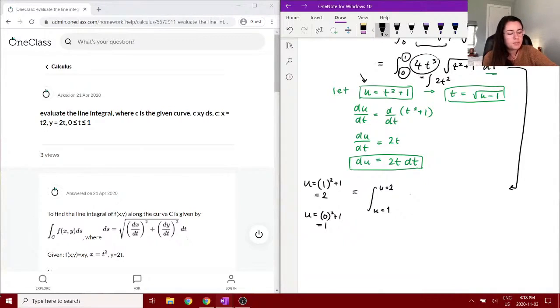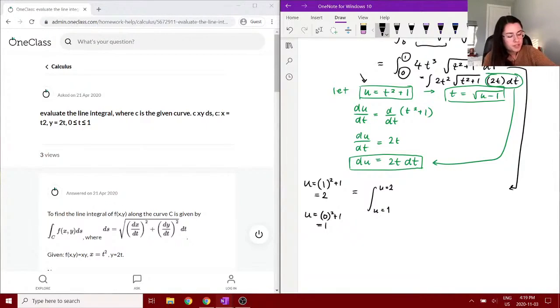All I'm doing is separating this 4t cubed term so it's a little bit easier to see what we're doing. So taking out a 2 and a t from the 4t cubed, and I'm just moving it to the back. Now that looks familiar. This term is, remember, this term, so that can be subbed in for du when we get there.